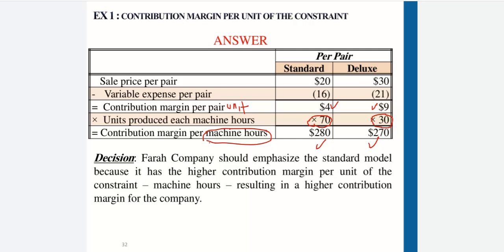Of course it will be standard because it will be more profitable. So which model should we use, or which product should we use? Yes, the product that will give us higher contribution margin per limiting factor.